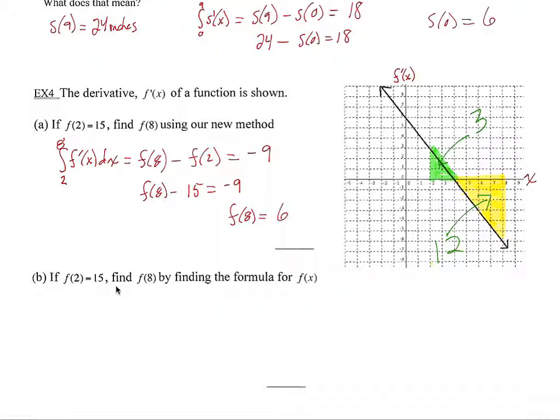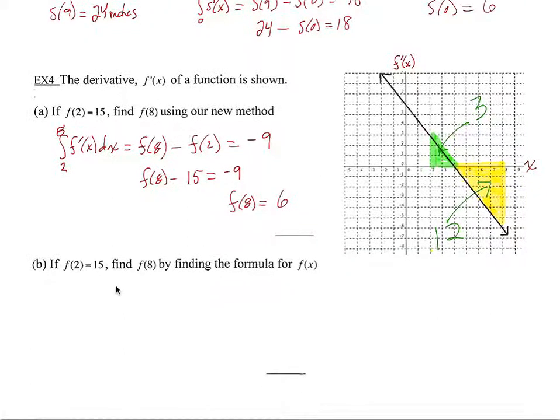So in B, we're going to do it, if you will, algebraically. So the first thing is we figure out what the equation for this line is, right? So the line is the derivative of x, and it goes through the y-axis at 6, and it's got a slope, rise 3, we go backwards 2, so it's got a slope of -3/2.